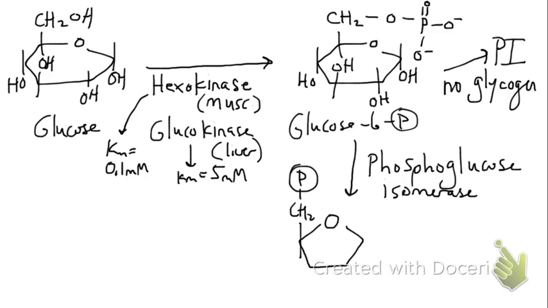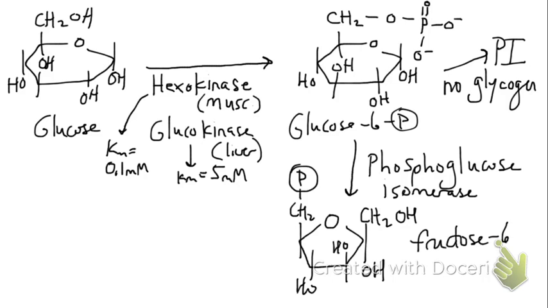Again, I'm going to abbreviate the phosphates like this. However, you should be able to draw a phosphate group on these different compounds. And so what we make is fructose 6-phosphate. So glucose through hexokinase or glucokinase goes to glucose 6-phosphate through phosphoglucose.